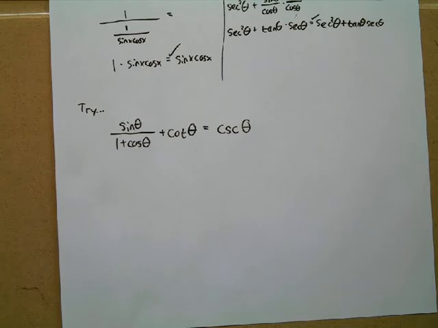So it'll be the same kind of deal here. So then here, when you multiply cosine times 1 plus cosine, it's actually cosine theta plus cosine squared theta. The cosine distributes to both terms. See what I'm saying?